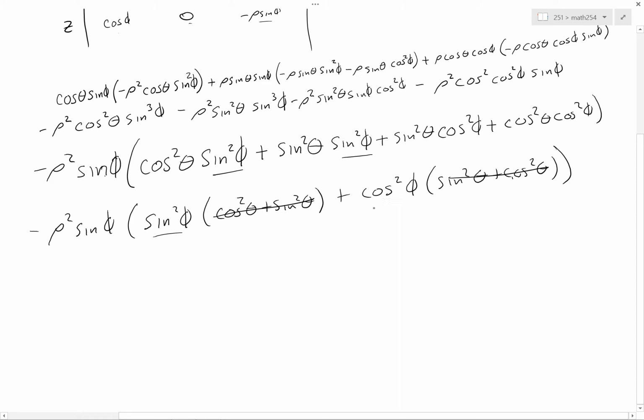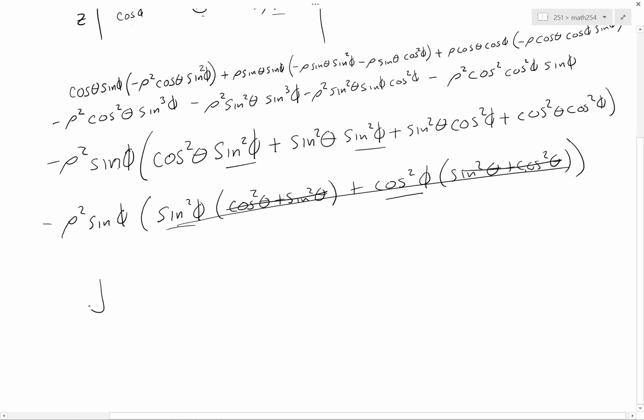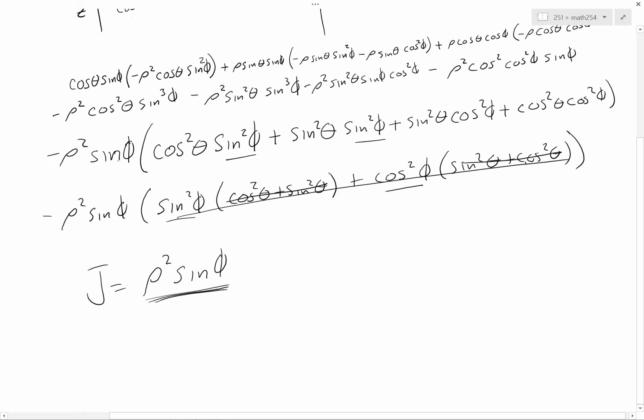So is this. So all of this garbage is 1, and so my Jacobian is equal to rho squared sine phi. Don't forget, it is that. It's not the negative of that. It is rho squared sine phi. The idea is this.